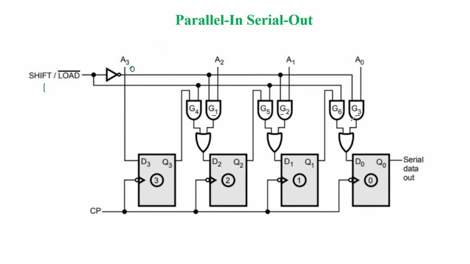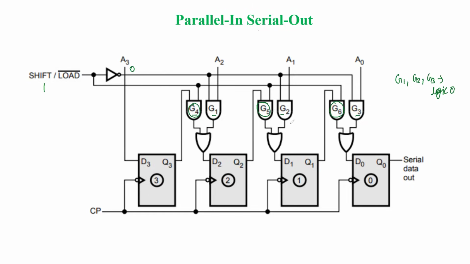So these three AND gates, G1, G2 and G3, are going to produce the output logic 0. So those AND gates are disabled. Now since shift is 1, it is connected to G4, G5 and G6.